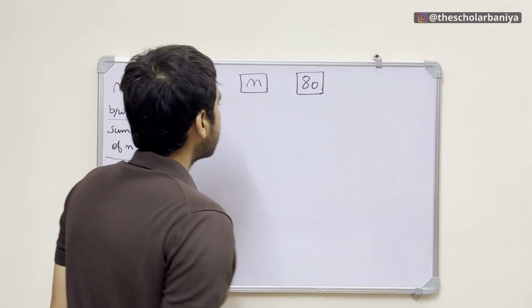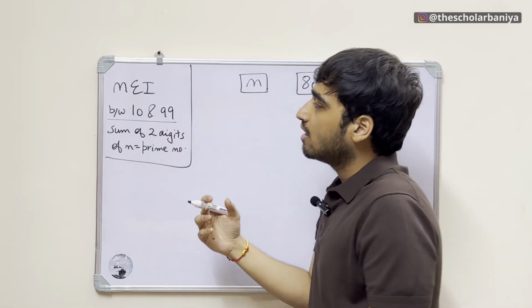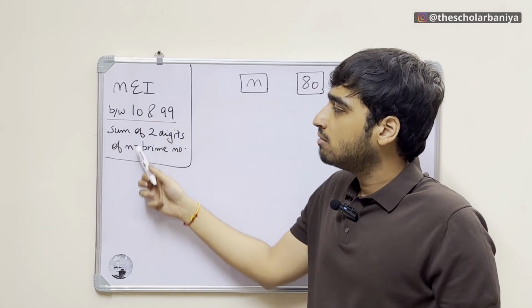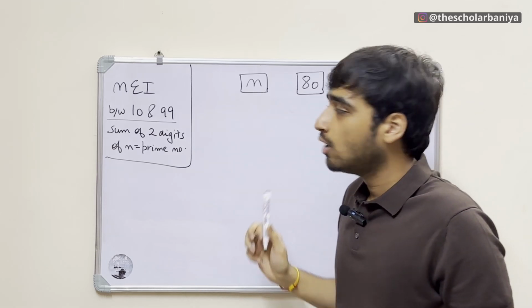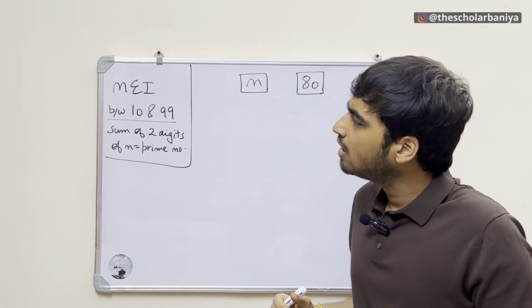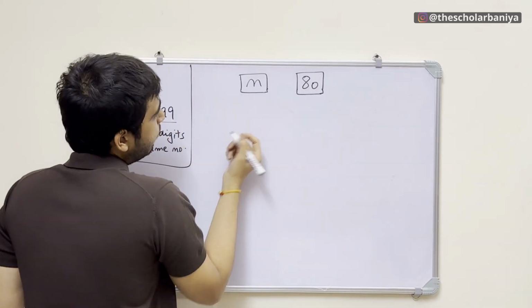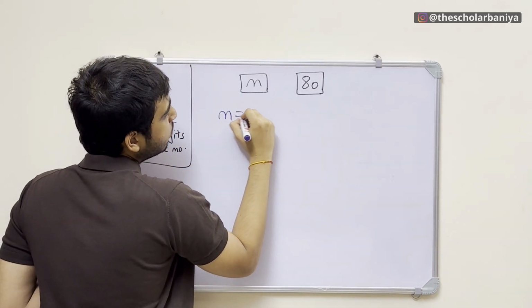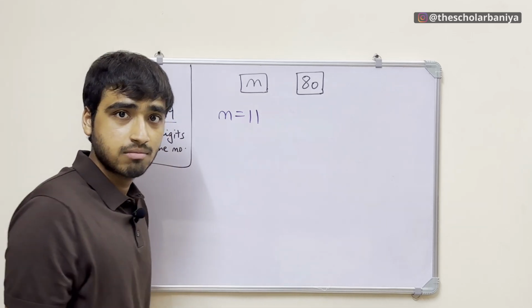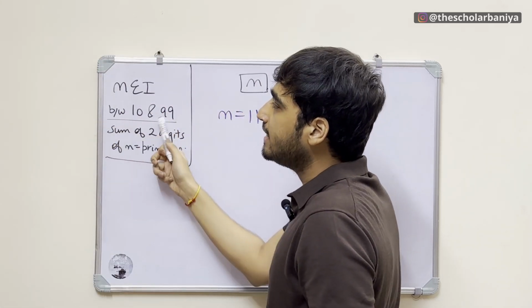So now we have to come up with a case where these two things are possible, and then we have to find out this, right? So for example, let's talk about n is equal to 11. This condition is satisfied because 11 is an integer which is between 10 and 99.